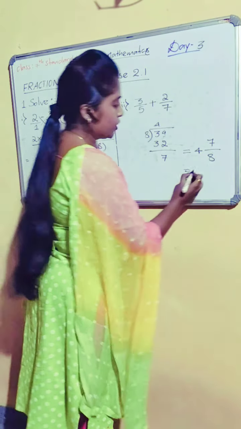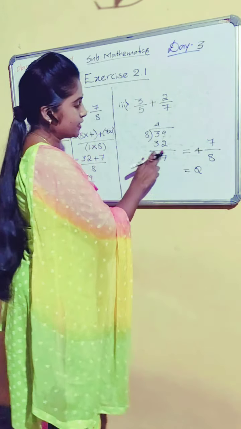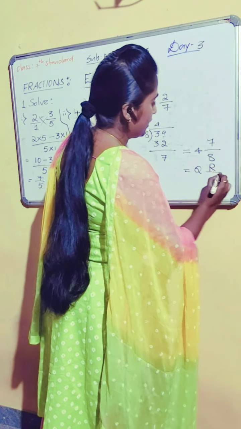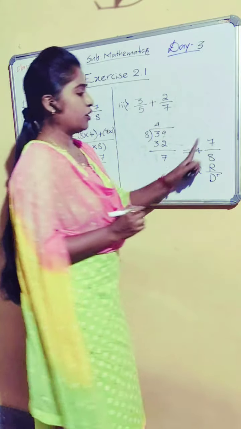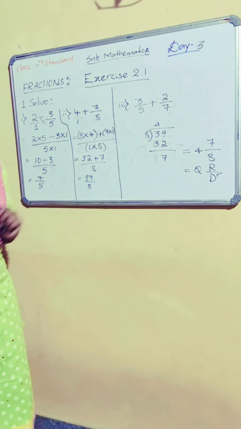So what is the quotient here? 4. What is the remainder? 7. And what is the divisor? 8. So this is how we write it as a mixed fraction.